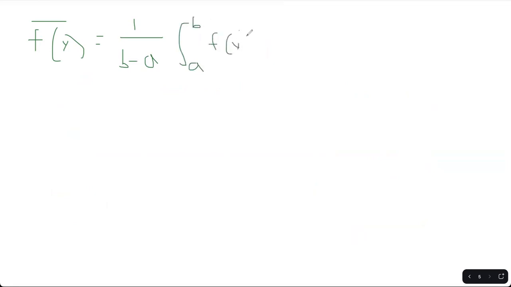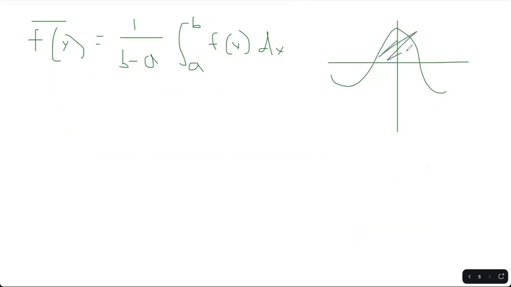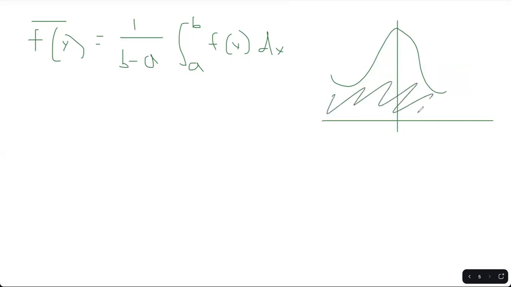And you can kind of visualize it on a graph. If we have this graph here, and you want to find the average value of it, you take the area under the curve, and then you divide it by b minus a, which gives you somewhere around here. And that's going to be your average value.